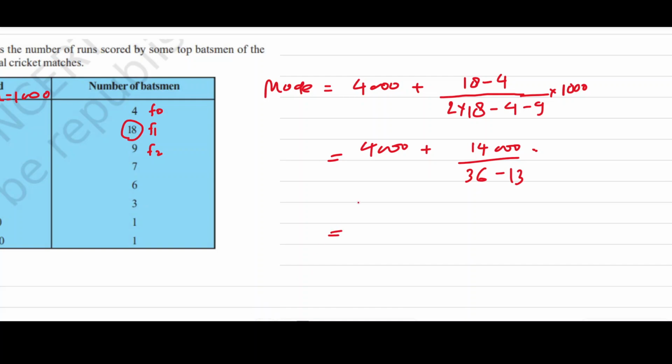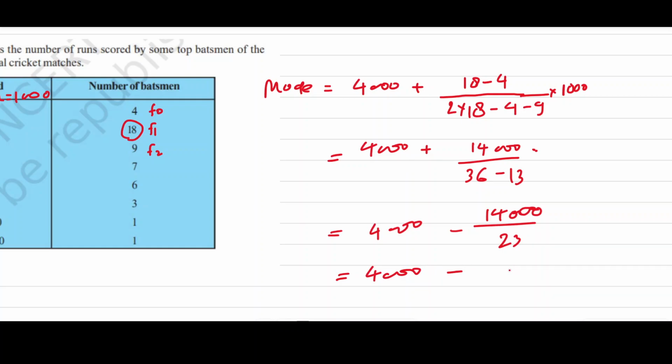Now solve this. 4000 plus 14 by 23 into 1000. Solve this.